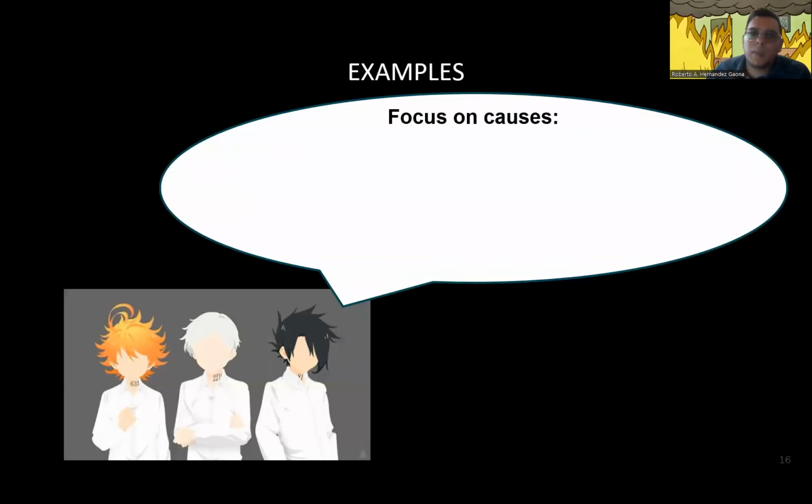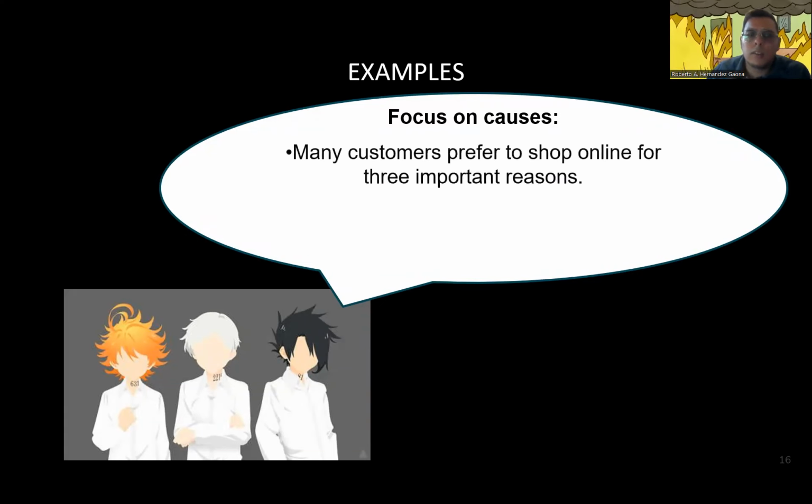So here are some examples if we were to write something that focuses on causes. The first example reads, many customers prefer to shop online for 3 important reasons. So right off the bat, you know that you're gonna read 3 reasons, not 4, not 5, 3 reasons why this claim is true, right?